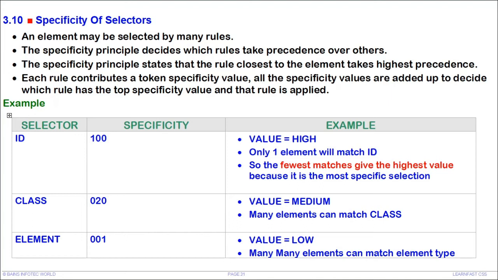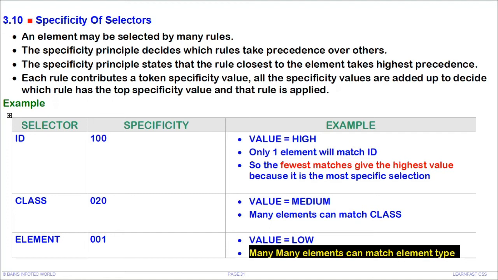So in your CSS file, if you say H1 brackets color green, that is the lowest priority because in your HTML document you're going to have lots and lots of H1 elements, possibly. So the value is low at the element level, and many elements can match the element type.